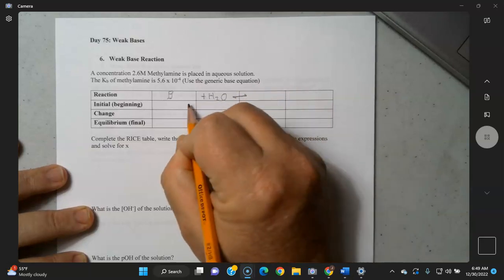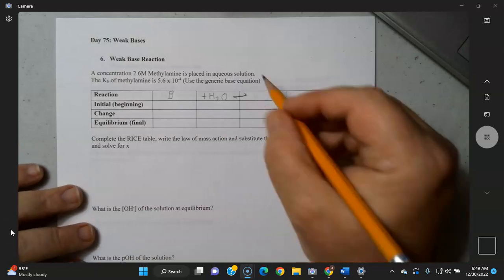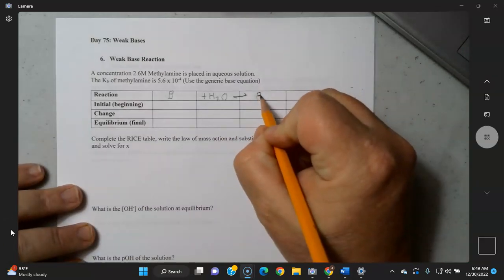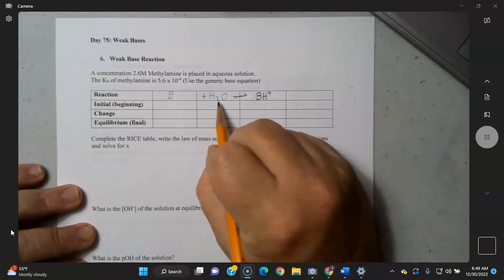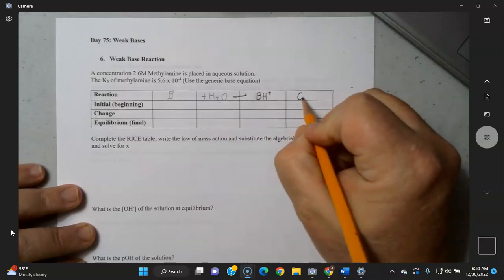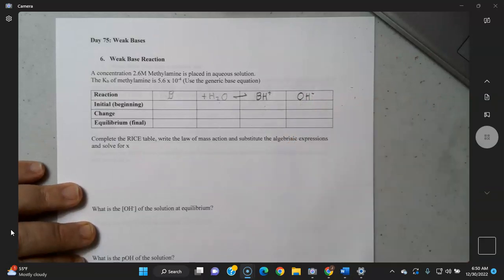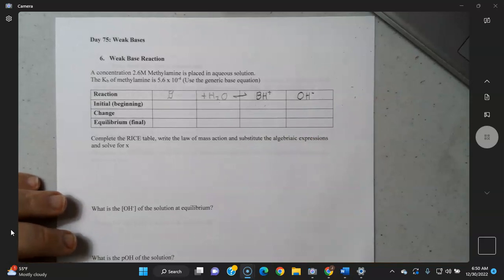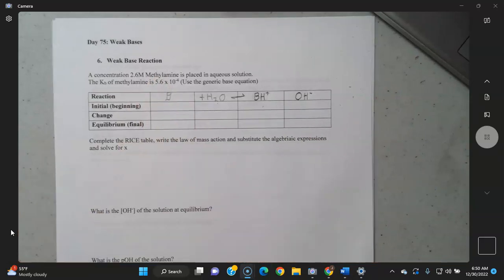And the H2O is going to donate a proton over there. So that's going to produce a B with an extra proton, so BH plus. And then the water molecule lost a proton. And when a water molecule loses a proton, it becomes a hydroxide ion, OH minus. Okay, so that's how you write the generic form. It doesn't matter. You never have to know what the formula for methylamine is.